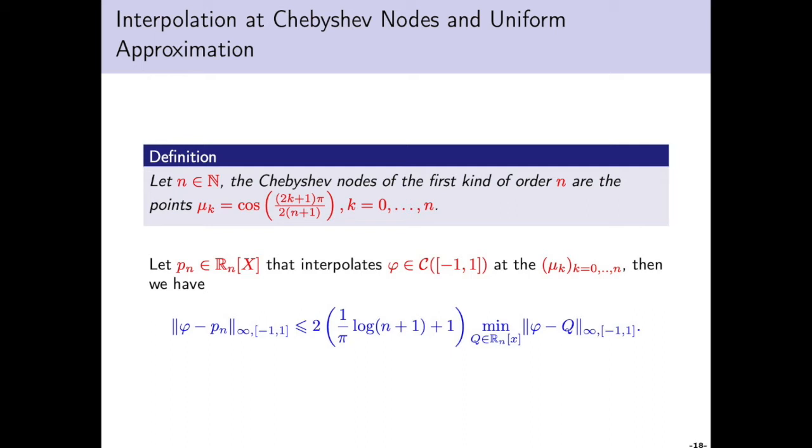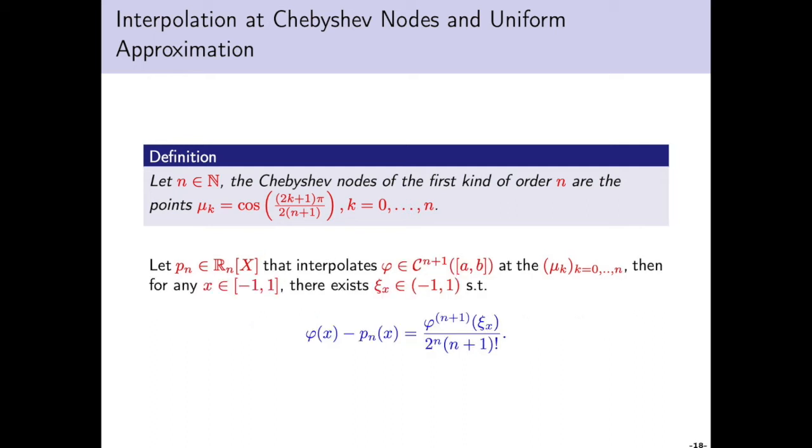No, real coefficients. This error is what is called the minimax error. This is the smallest possible error over all the polynomials of degree at most n. And we see that the approximation error is a fairly reasonable overestimation, by a factor log n, of the best possible error.